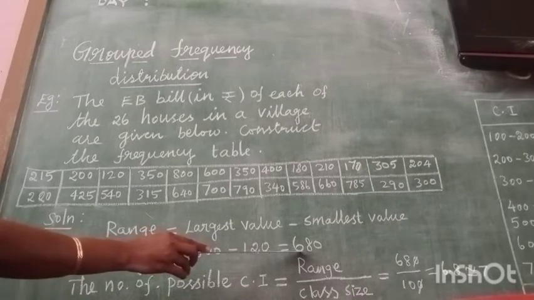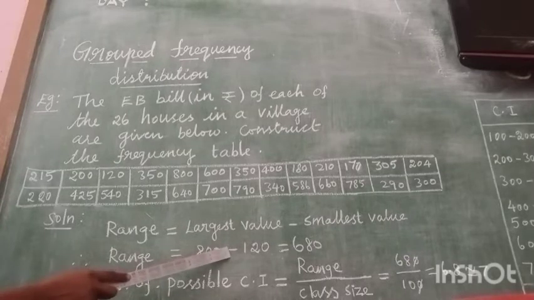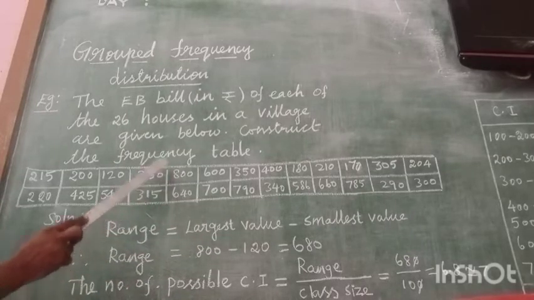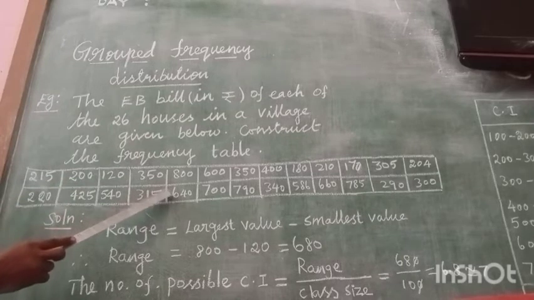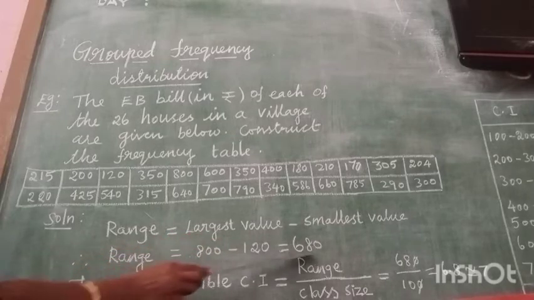First you have to find the range. Then, for grouping these 26 separate amounts, find the number of possible class intervals, which is range divided by class size.